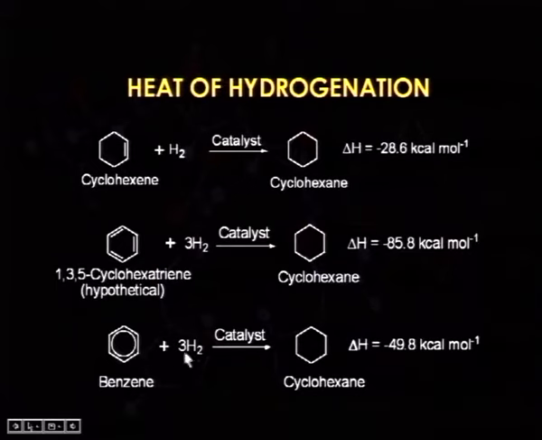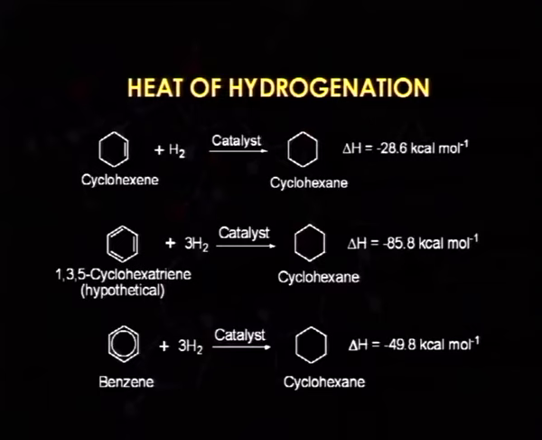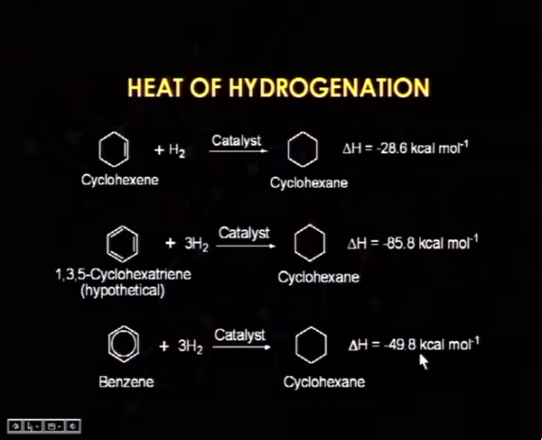Now, benzene, if we add 3 moles of hydrogen here and convert it to cyclohexane, the heat of hydrogenation we actually observe is quite low. It is 49.8 kilocalorie per mole. Here we are getting 85.8, based on theoretical calculations only, and here we are getting 49.8.